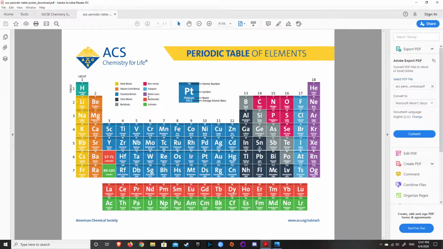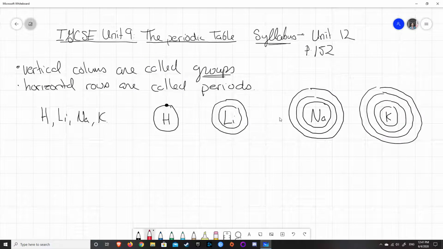Lithium, though, remember our periods: each period is how many layers the atom has. Period 1 is 1 layer, period 2 is 2 layers, and so on. That's our principal quantum number, but we can just think about how many different shells each atom has.